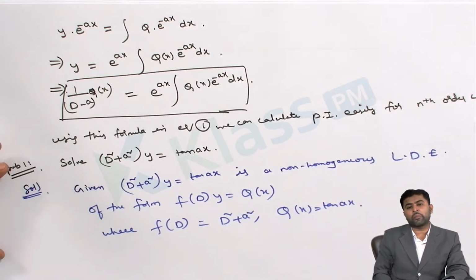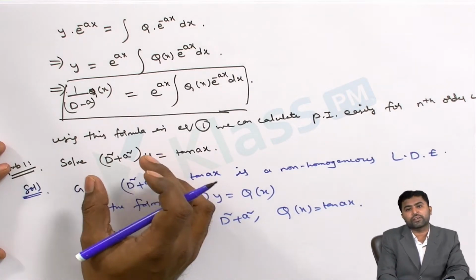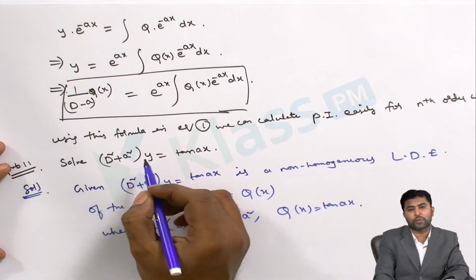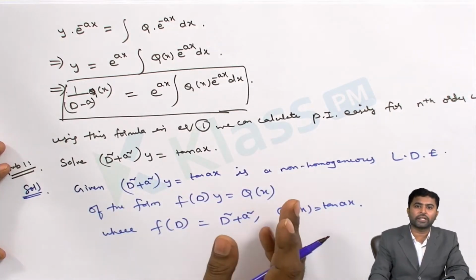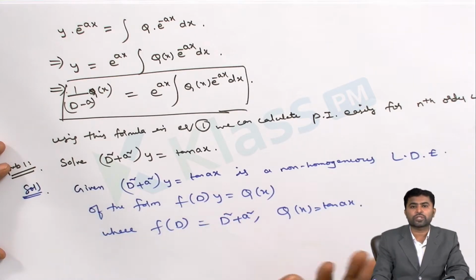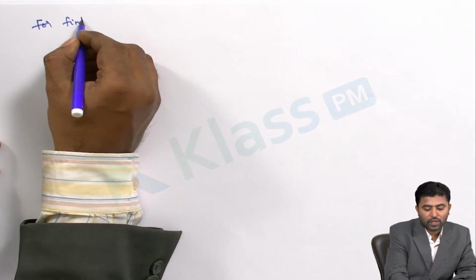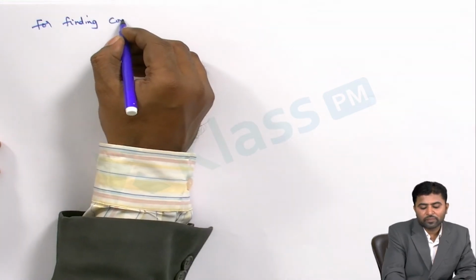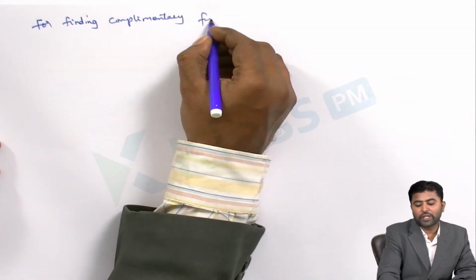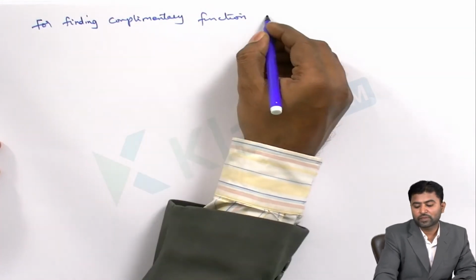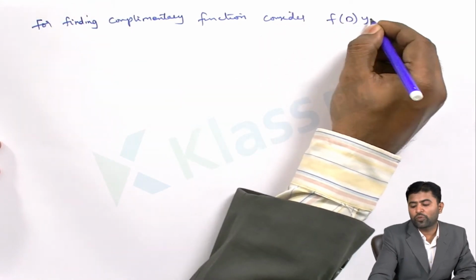So for finding the complementary function, first we should consider only the homogeneous differential equation, that is d square plus a square into y is equal to 0. Then for finding the particular integral, we have to use the conditions what we have written. For finding the complementary function, consider f of d into y is equal to 0.